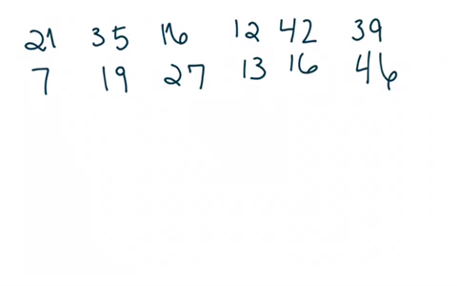It looks like my smallest number here is 12. No, it's not. My smallest number here is 7. And my largest number, it looks like, is 42. So when I look at these numbers, I'm going to do intervals of 10. I'm going to do a frequency table of 0 to 10. Then I would do 11 to 21.